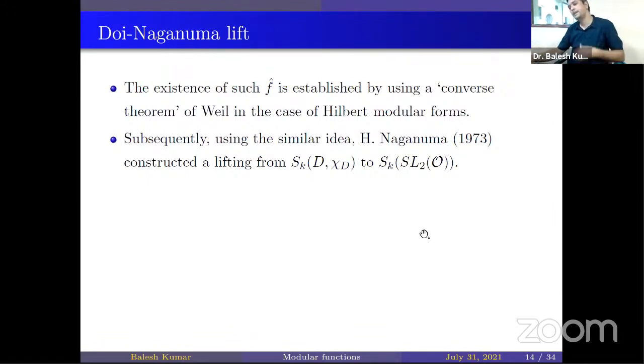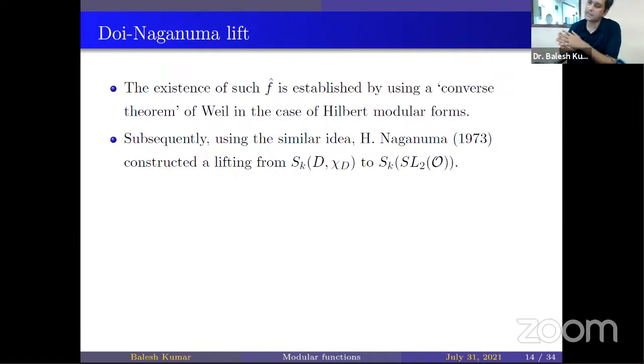And subsequently, what we have seen so far is that if we start with a modular form of level 1 for SL2(Z), then one can get a Hilbert modular form for the full Hilbert modular group. So level 1 can be lifted to level 1. After one year, H. Naganuma also found a lifting.